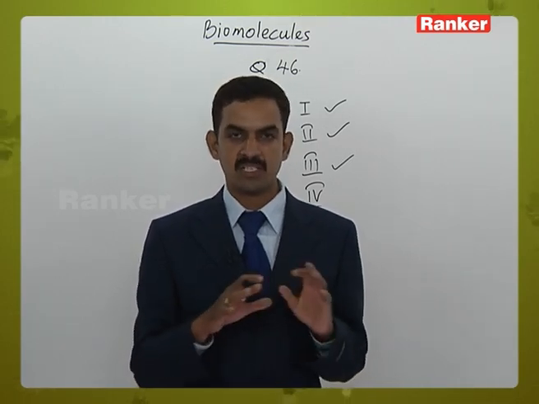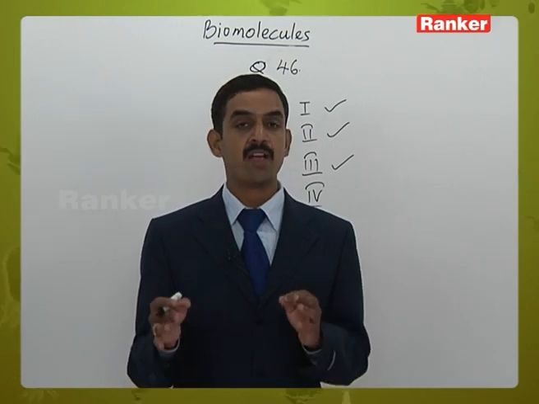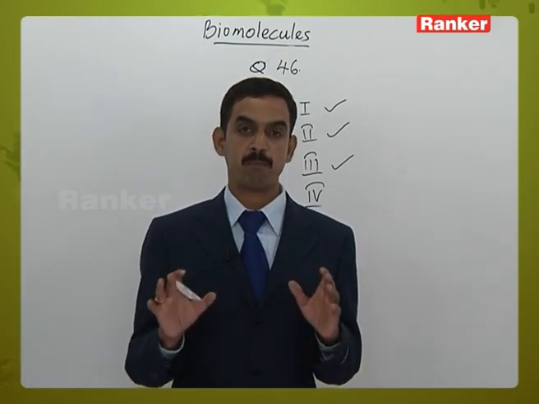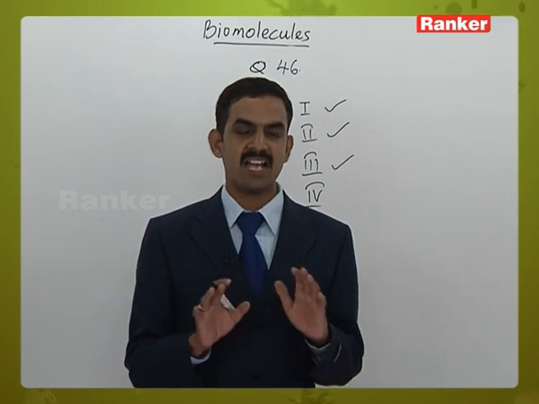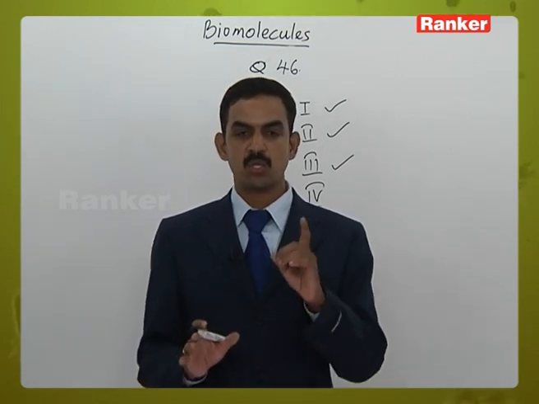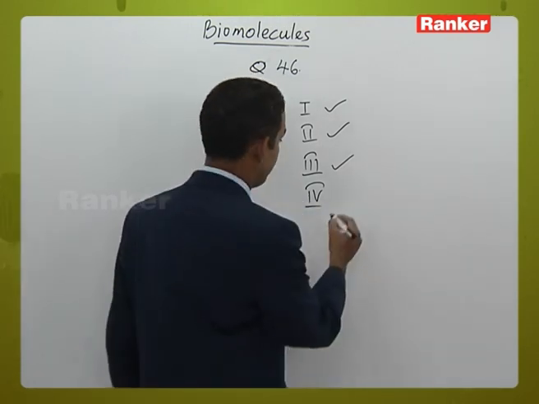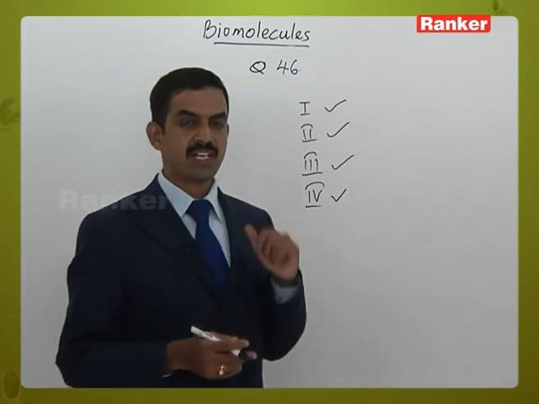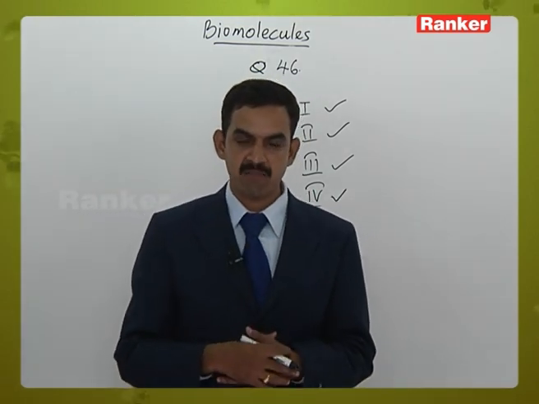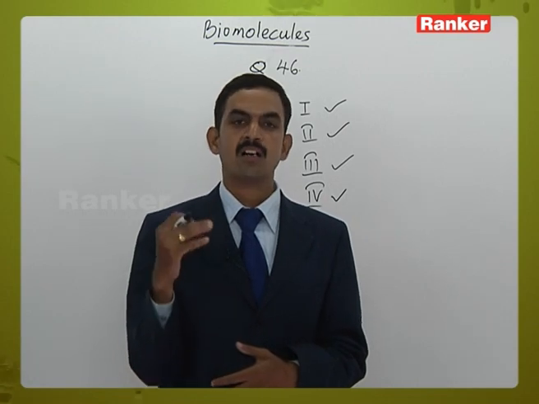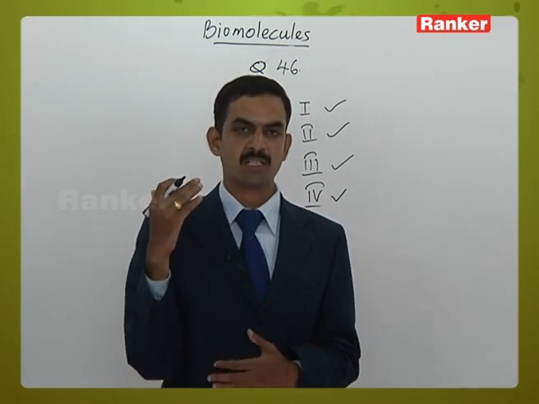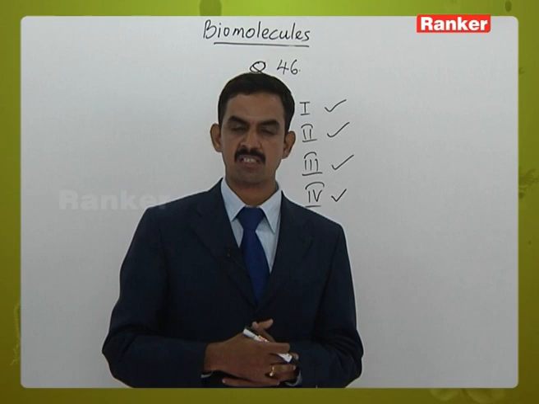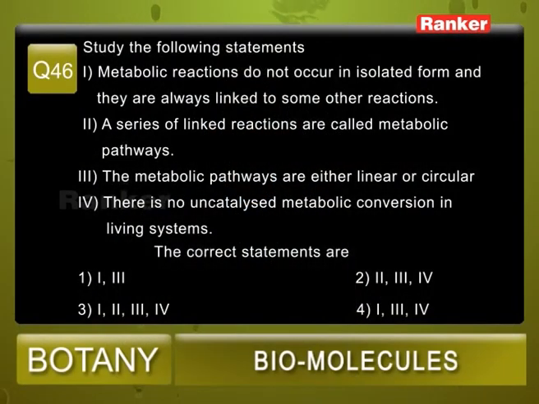That means there is no such chemical reaction in a living system where enzyme is not participating. So there is no such uncatalyzed reaction in a living system. So that is also correct. From the given options, we can say all the 4 statements that have been given are related to the metabolic reactions or the pathways which are taking place inside a living system, and all the statements are correct. Question number 46, the correct answer is 3.